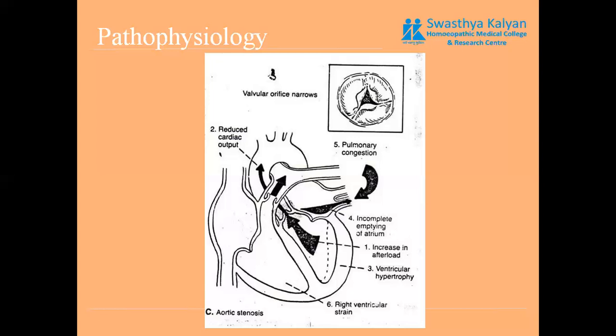Because the amount of blood already present in the left ventricle won't allow extra blood to enter the ventricle again. That is, from atria to ventricle, it won't allow the blood coming from atria because the left ventricle already has that certain amount of blood, which in turn will lead to pulmonary congestion afterwards.